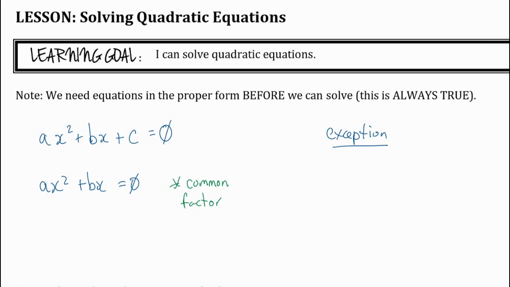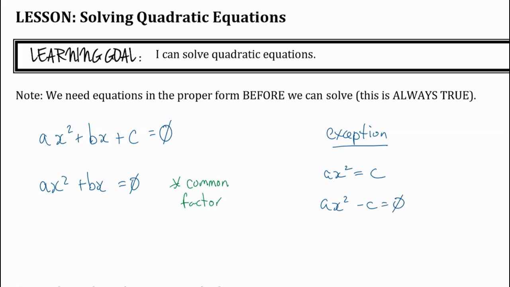The one exception is this. C, or maybe negative c you would call it. But if you're missing the middle term, the x term, ax squared minus c equals 0, something like that. Okay, one of those two, it's the same thing. You just move the c over to the other side.